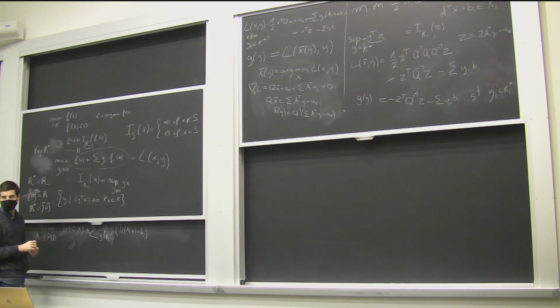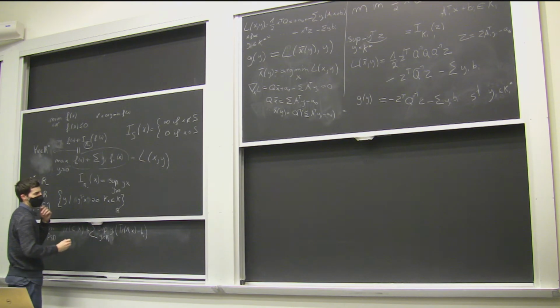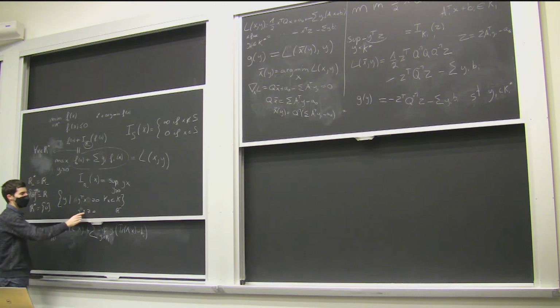And if this is the set of negative numbers, let's say, here it's a scalar, so I don't really need the transpose. The set of y such that the product with y should be positive for every negative number, so that's all the negative numbers.